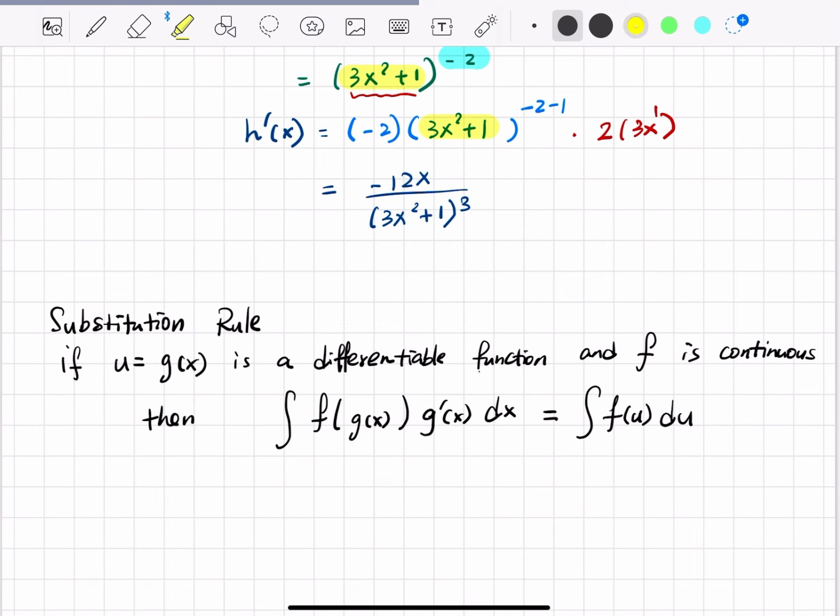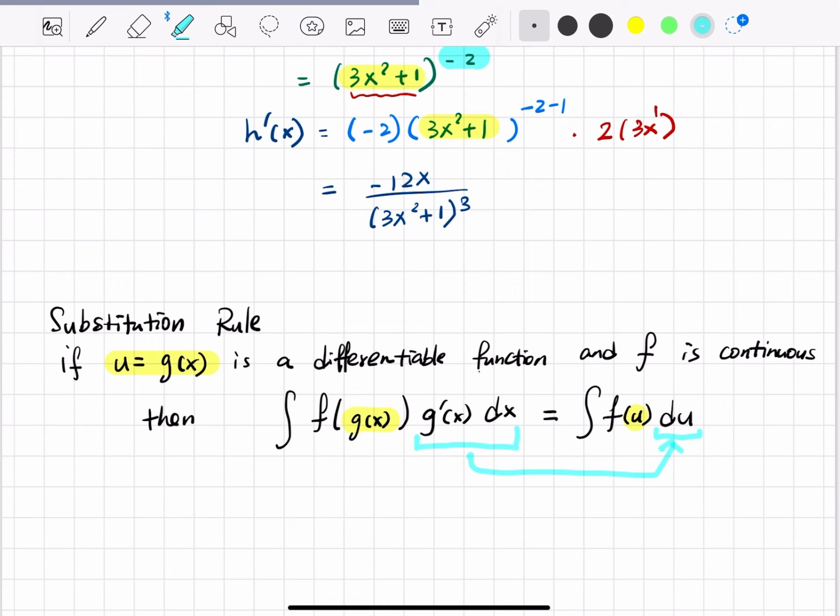Again, just really quickly, what we do is we figure out the inner function, which is g of x. We replace it with a u, and because of that, this whole thing is translated to du by taking the derivative of u.